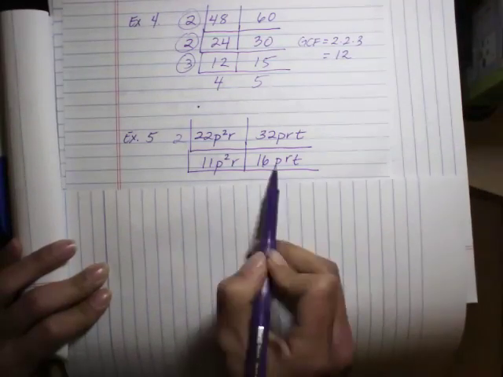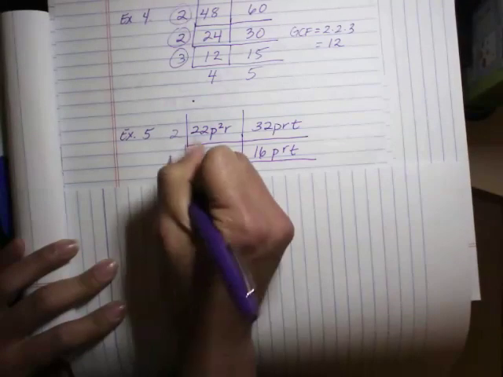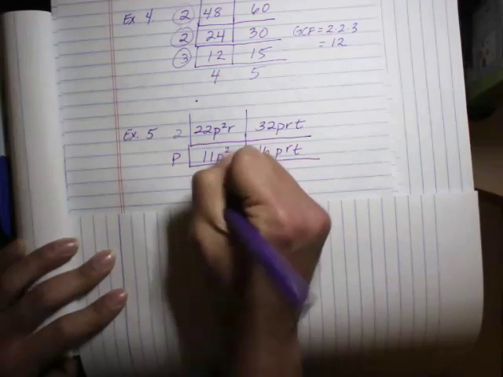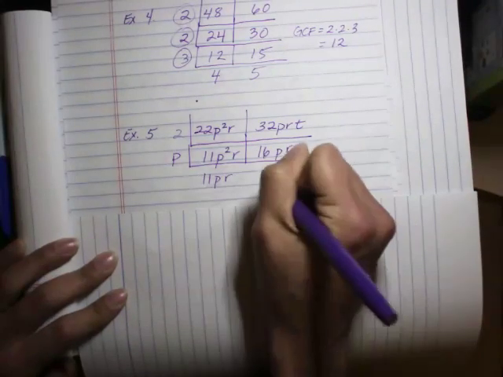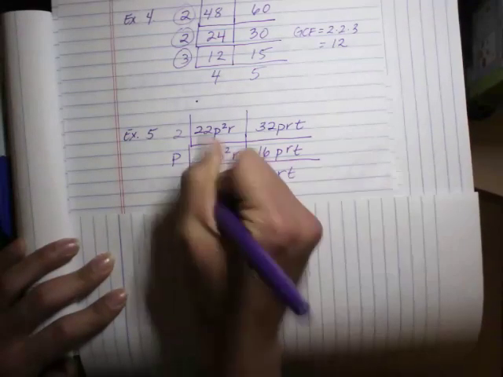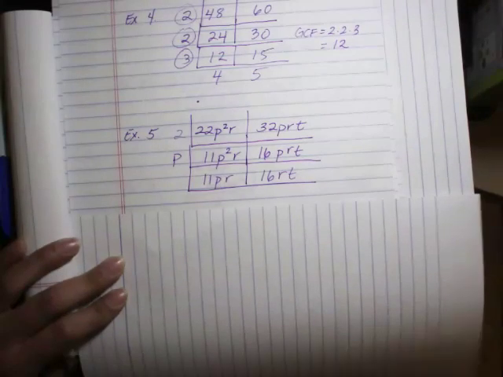They both have at least one p in common, so now I'm going to factor out one of the p's. Factoring this out, 11pr, 16rt, I'm taking out the p, dividing by the p, you only have an rt left.